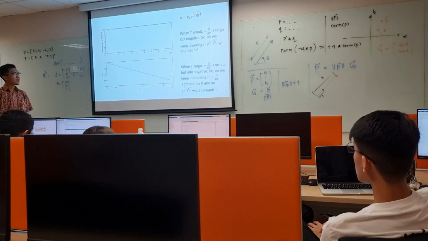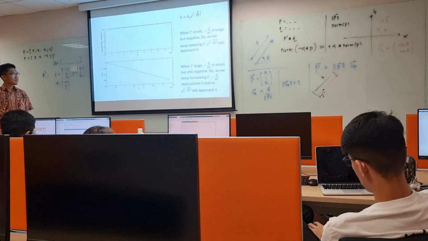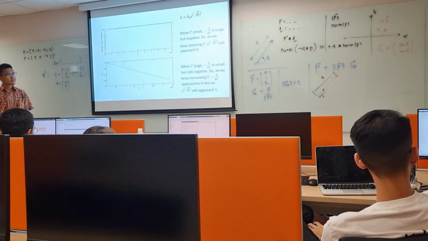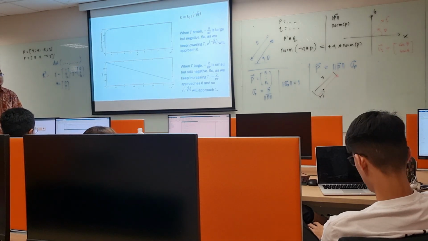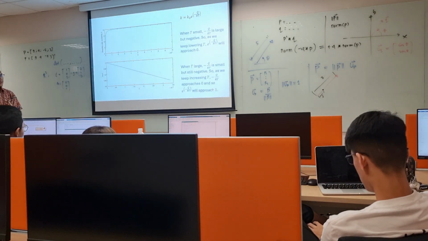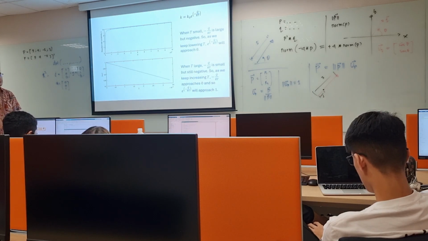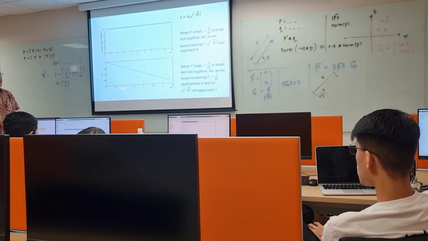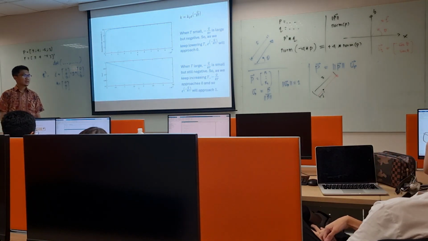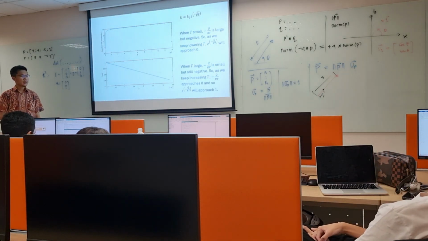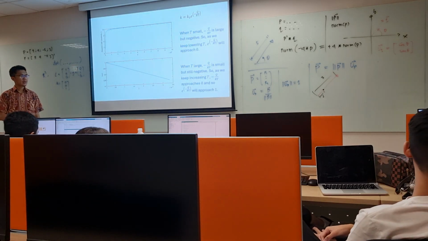Log 0 is close to 1, and log 10 is close to 2. Not log 10. It should be log 1 over t. 1 over t, as you keep increasing the t, this 1 over t will be smaller.